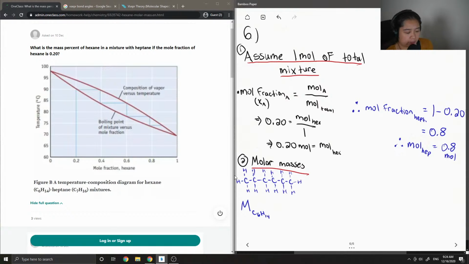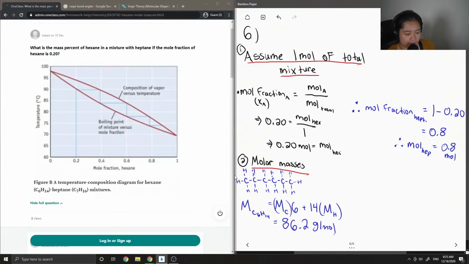So if we were to find the molar mass of hexane, it would be the molar mass of carbon times 6 plus 14 times the molar mass of hydrogen. This gives us a molar mass of 86.2 grams per mole.